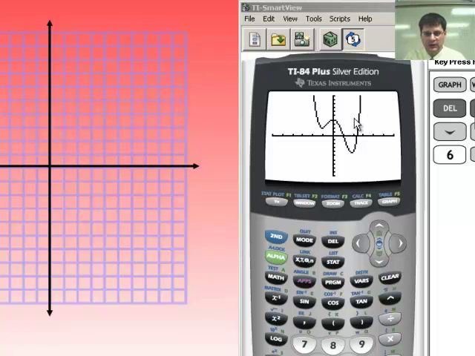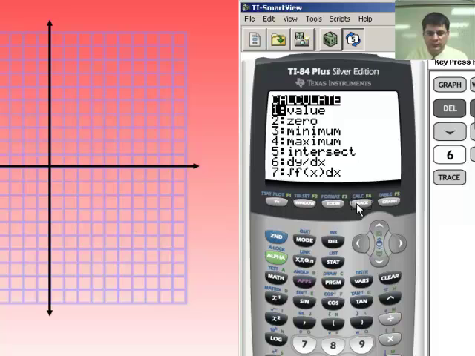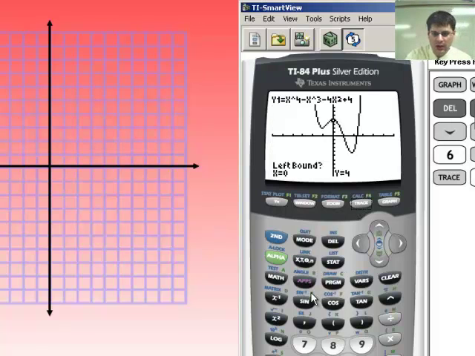So we want to find all these various points. So to do that, I'm going to go ahead and use the calc feature on my graph. So I'm going to use option 3, and we'll start with the first local minimum where it curves down here.